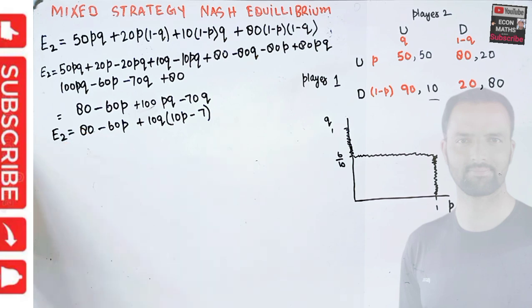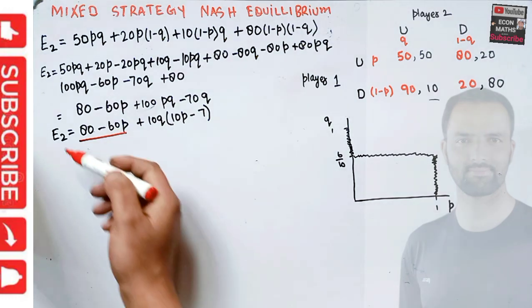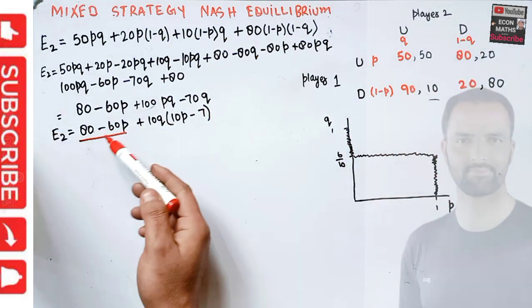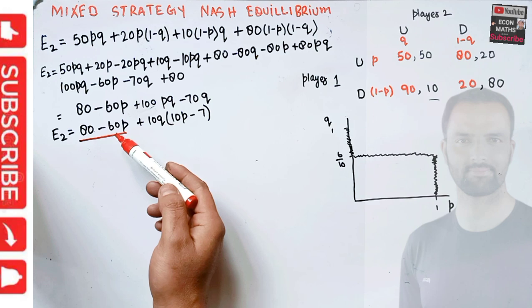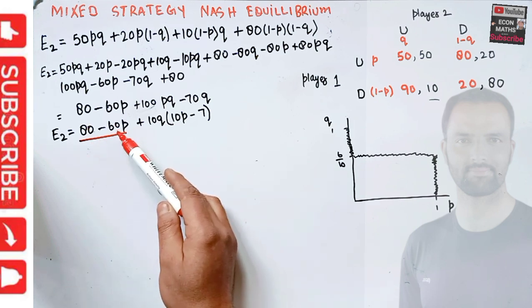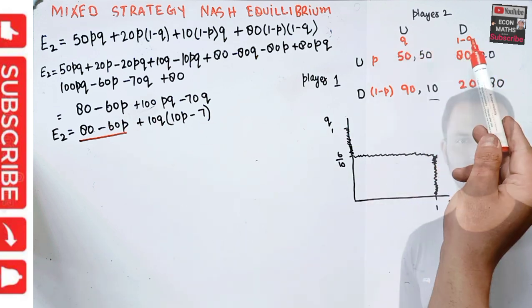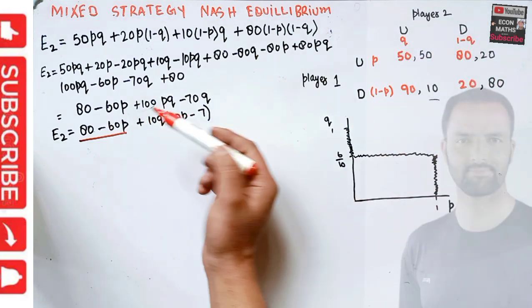And here also you can see in the first two terms, player 2 cannot do anything with them, because his choice of variable is not in the first two terms. His choice of variable this time is Q, and this appears in this very part.